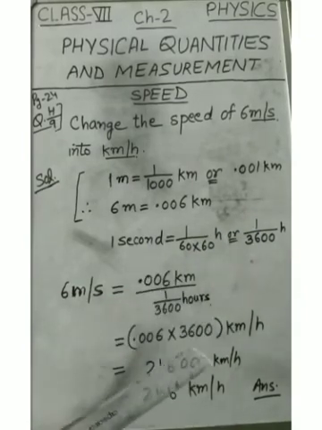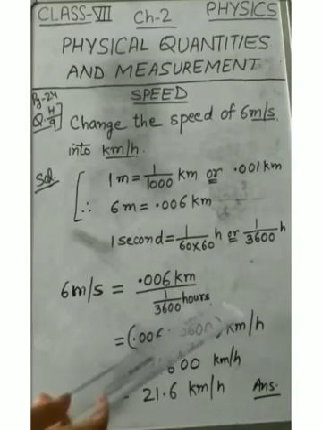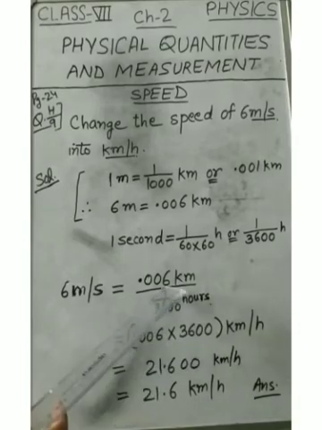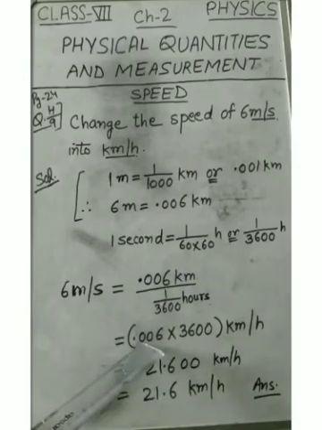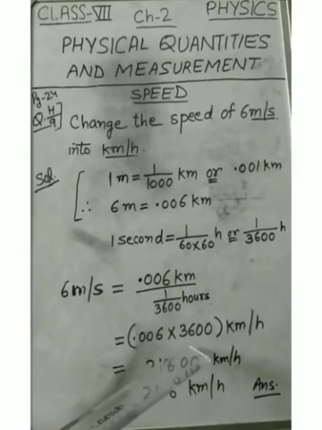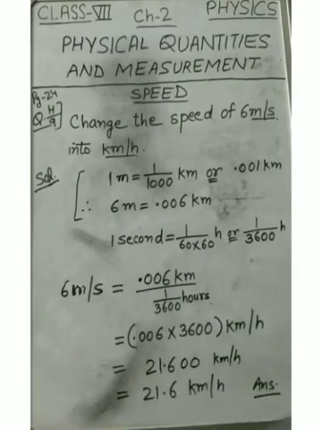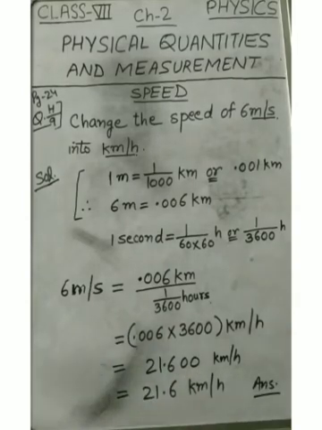Now you have learned in maths, when it goes up it will be inverse and it will be multiplied, numerator with numerator. So 0.006 multiplied by 3600 kilometer per hour and it will become 21.600, or you can say 21.6 kilometer per hour.